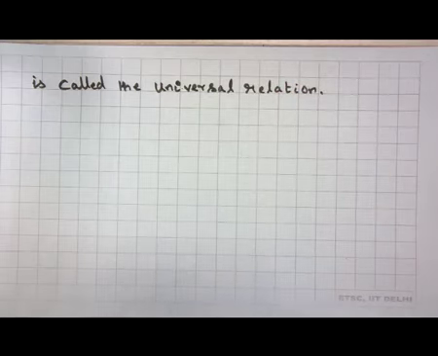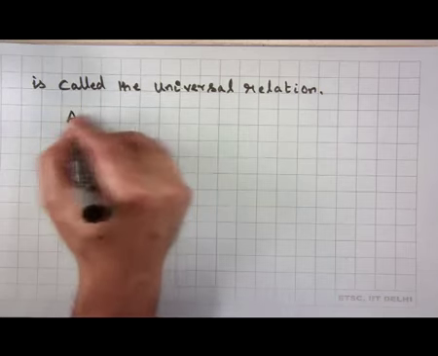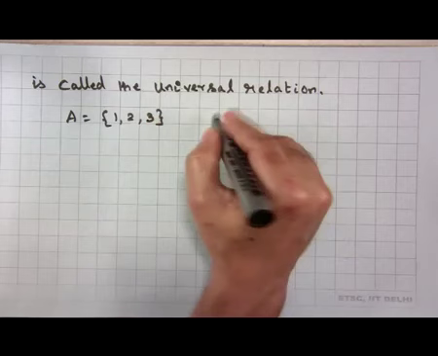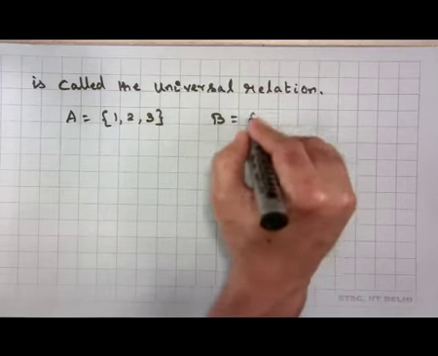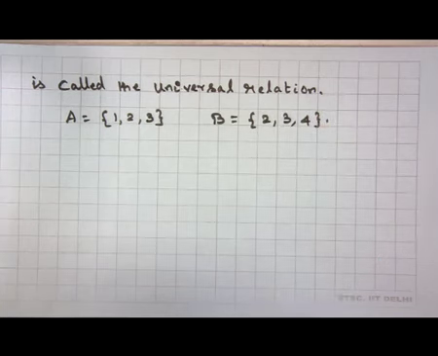Fine. Now, let us go back to the last example and then let us see. So, what we had is A equal to {1, 2, 3} and we had B as {2, 3, 4}. Fine.